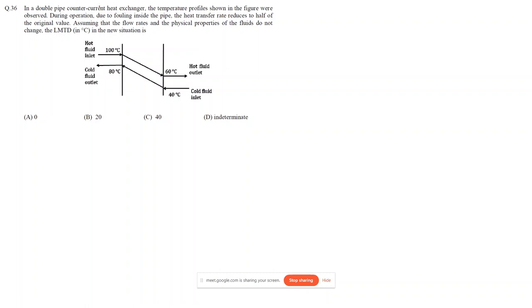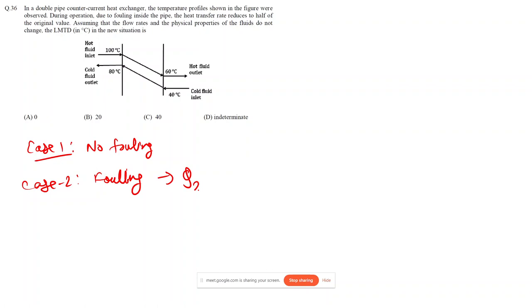So in this given question, we were given a counter current heat exchanger and the temperature profile were given. For case 1, we had no fouling, and in case 2, we had considered the case of fouling. For case 2, we had Q2 is equal to Q1 upon 2.